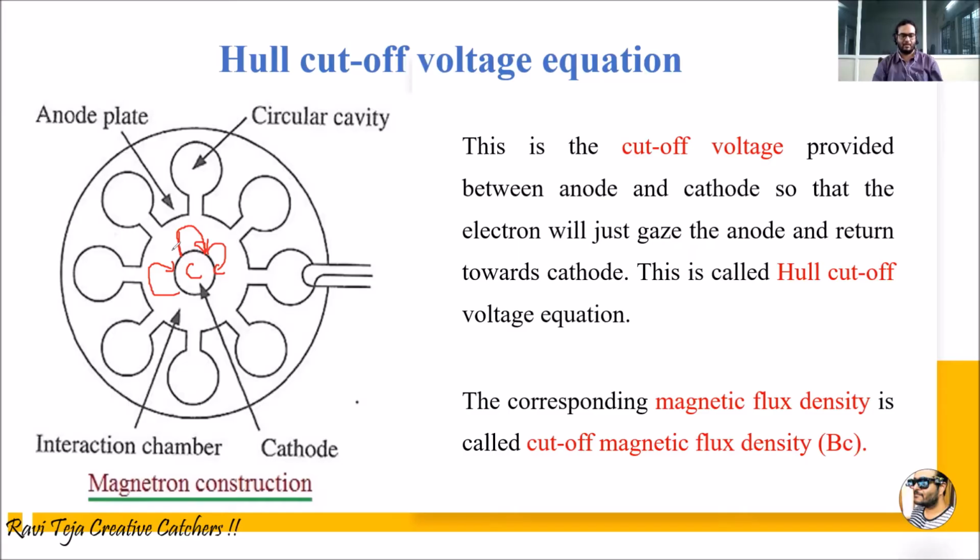All of this happens whenever the magnetic field is very high. That's why the corresponding magnetic flux density is called the cutoff magnetic flux density, denoted by BC. It is the cutoff voltage at which the electrons just graze the anodes and return towards the cathode. That is how the Hull cutoff is described.